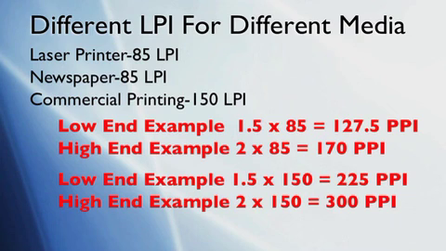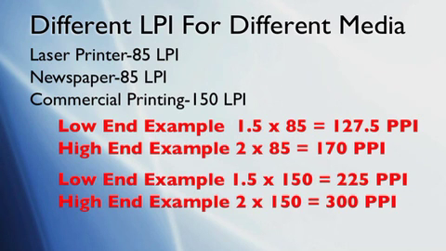All right, and then again, the same thing, but apply the commercial printing much higher LPI of 150. So 1.5 times 150 is a minimum 225 pixels per inch that your image needs to be.